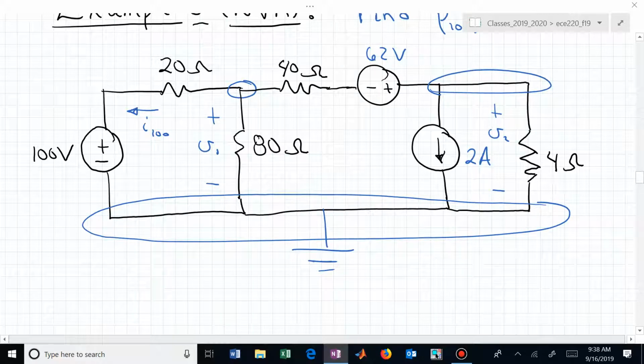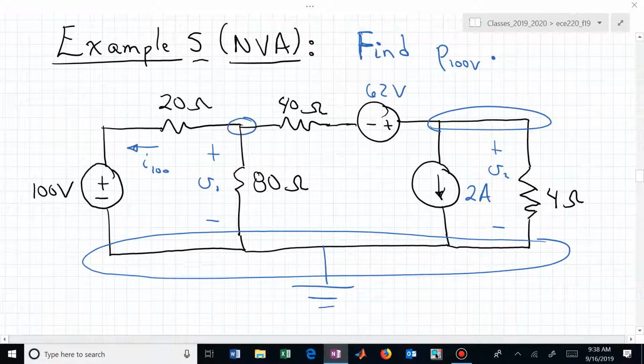But as long as you use the passive sign convention and stick with the labels that you've assigned, you should get exactly the answer that you need. It doesn't matter which direction you pick. Here, though, with KVL, we're usually thinking of that current going from right to left through that 20 ohm resistor. So let's just label it as I100.